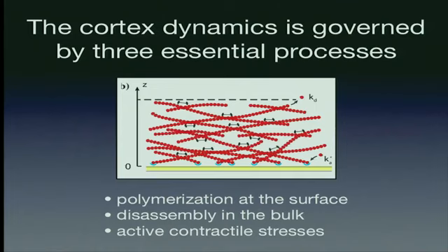Now, it is rather not obvious how you use these molecular processes in order to really generate contractile stresses in the whole network. This is maybe surprisingly difficult to really understand. There are some people interested in that. We will not discuss this today, but rather we will take for granted what we know from experiments, namely that stresses can be generated due to the action of the motors.